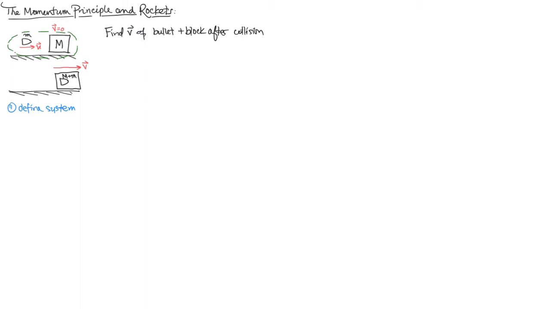Number two, we'll use Newton's second law in differential form, meaning the momentum of the system changes in response to a net external force. Then we can work from there. We might notice, for example, that there's no external horizontal force.